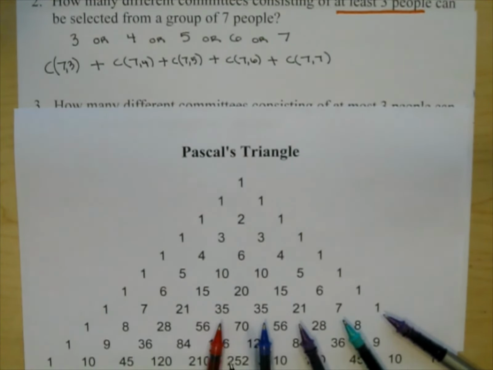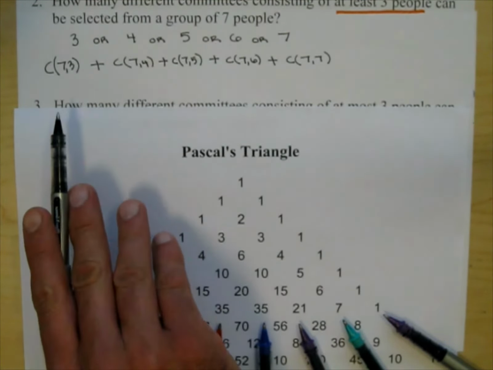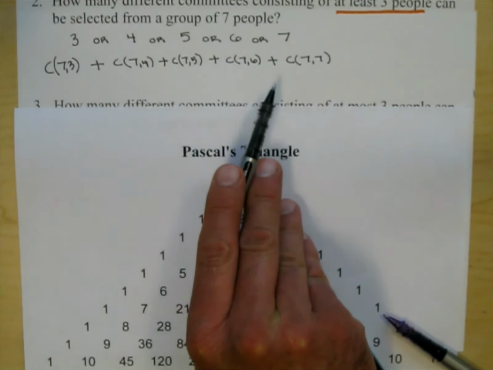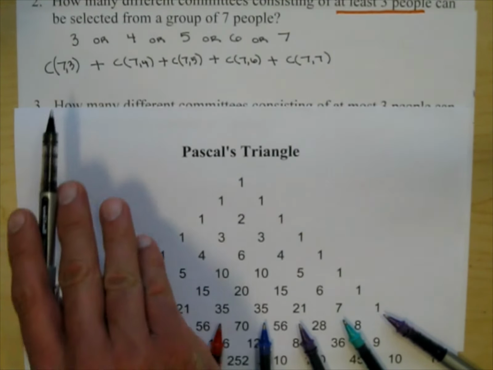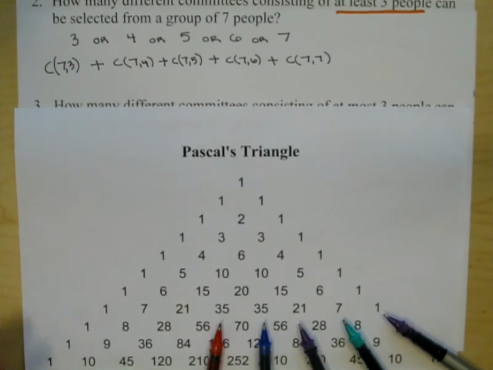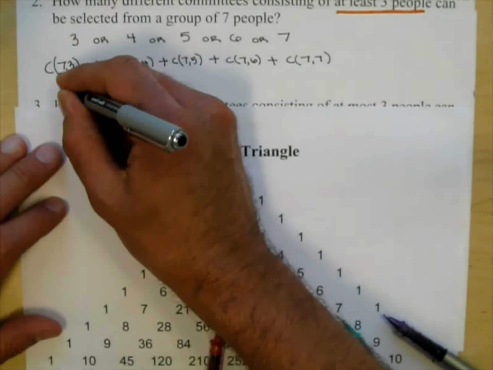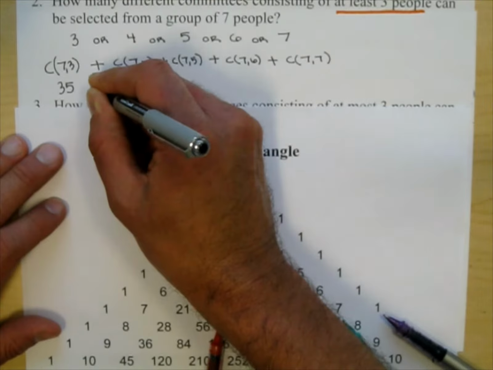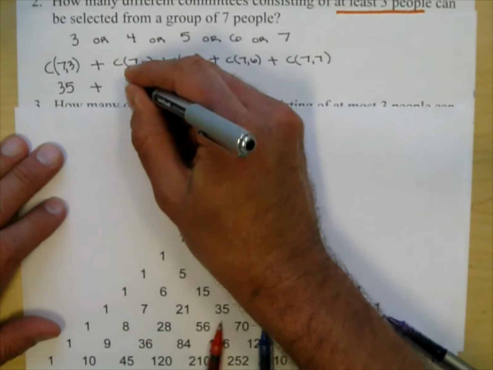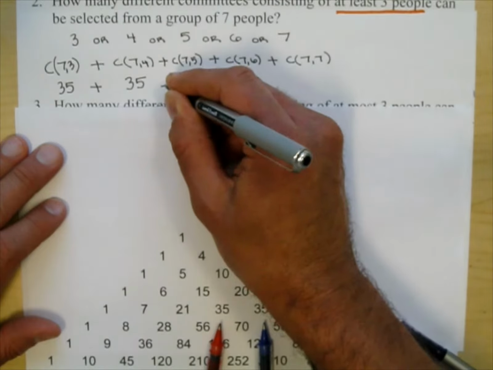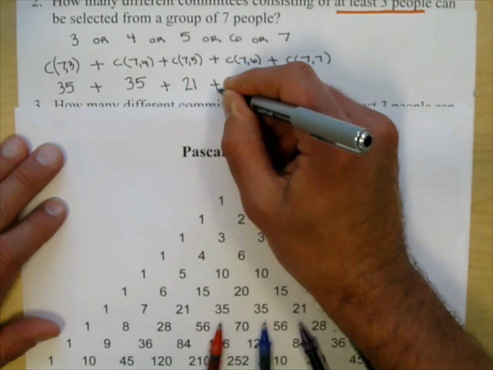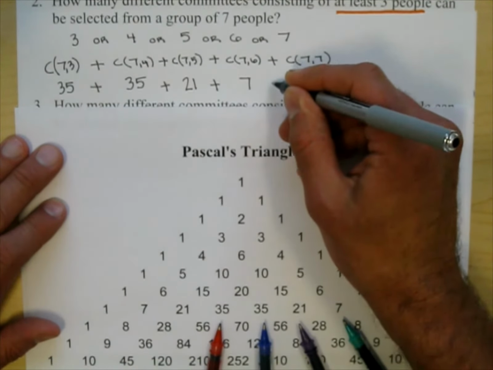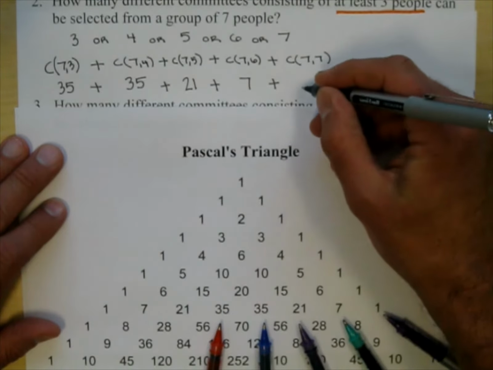So I have to add up those numbers. And this is why Pascal's triangle is really good, because we wouldn't want to compute these guys using that combinations formula. We'll reserve that combinations formula for combinations that have larger numbers where we don't want to use Pascal's triangle or compute it. So this is 35 plus 35 plus 21, that's 7 choose 5, plus 7, plus 7 choose 7 is 1.